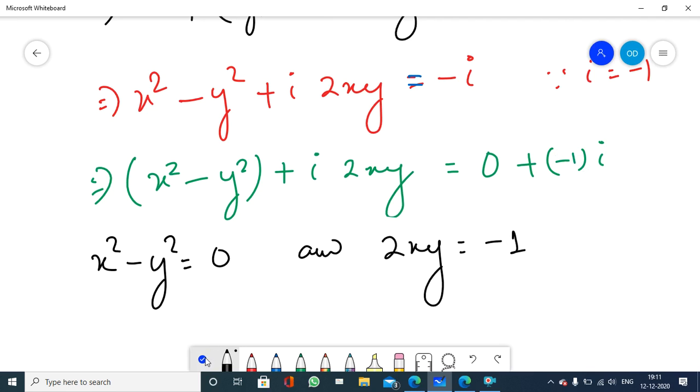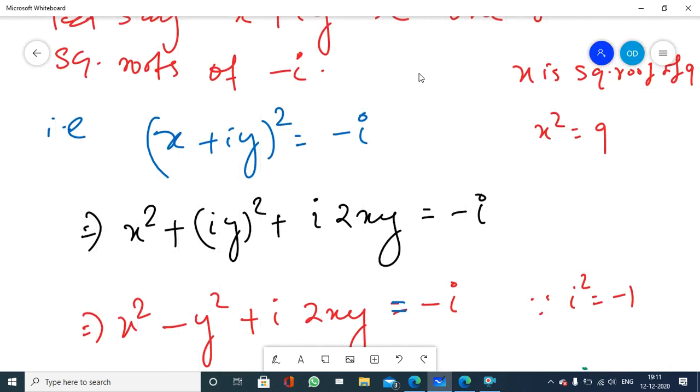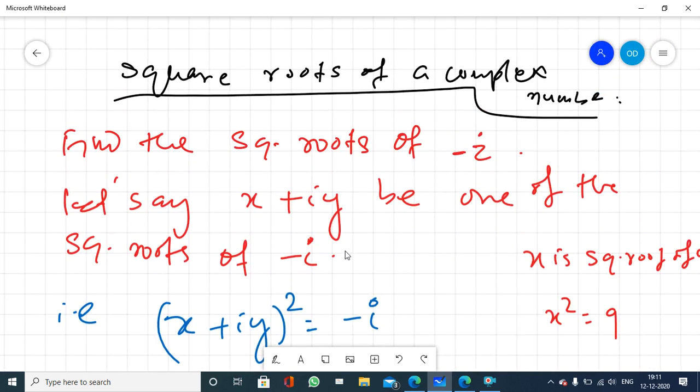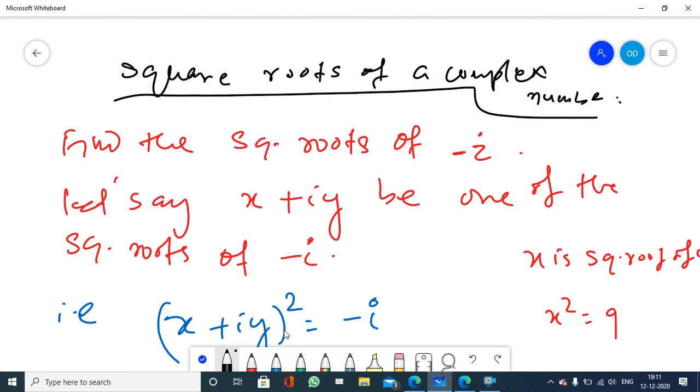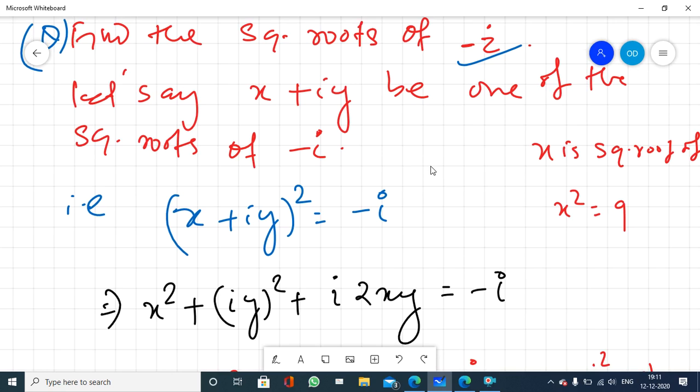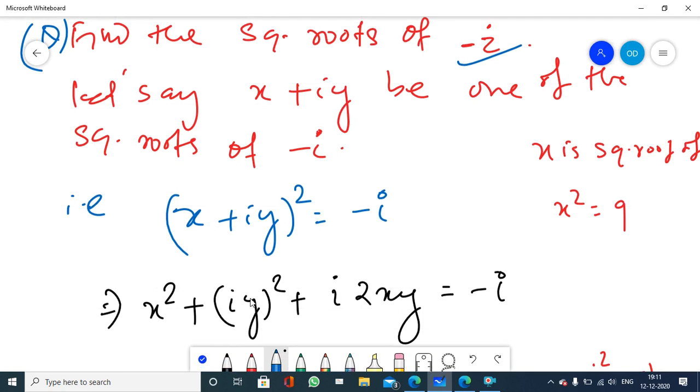Okay. Now do you know why we are doing all this? What we are trying to accomplish here? You see, we are trying to find the square roots of minus i. And we have made the assumption that one of the square roots of minus i is x plus iy, where x and y are real numbers, they are variables.